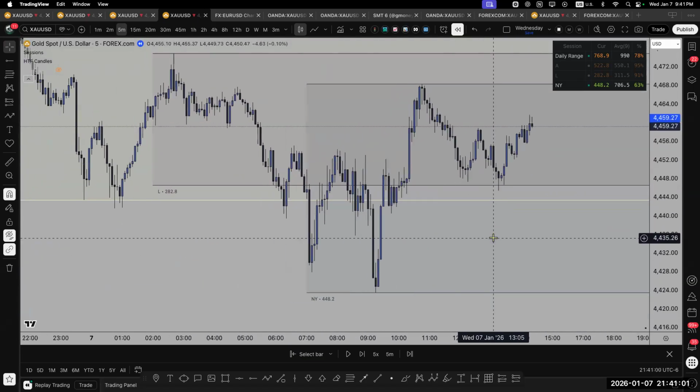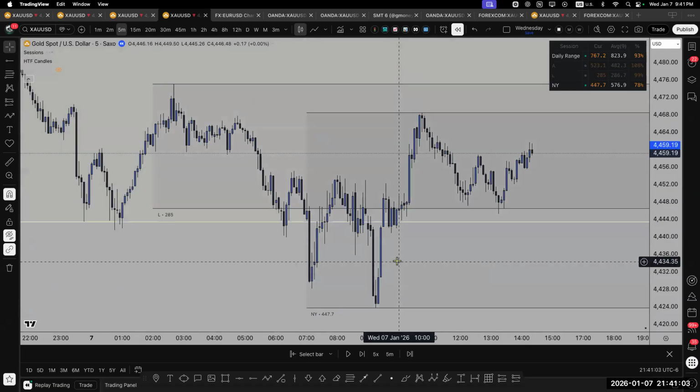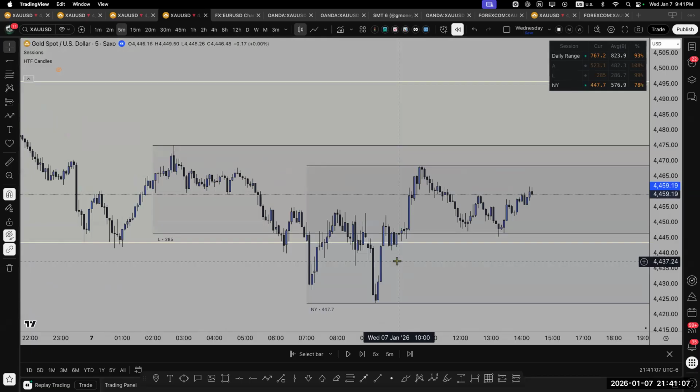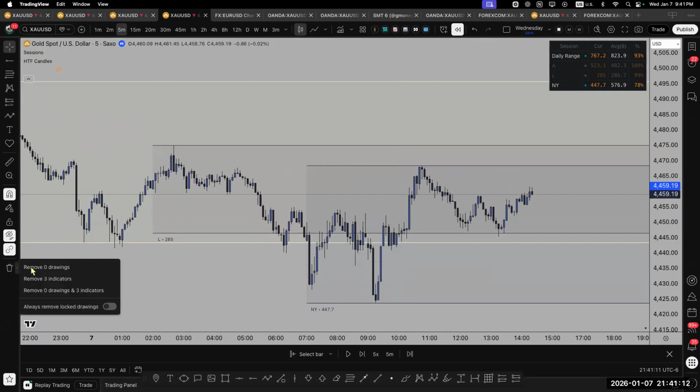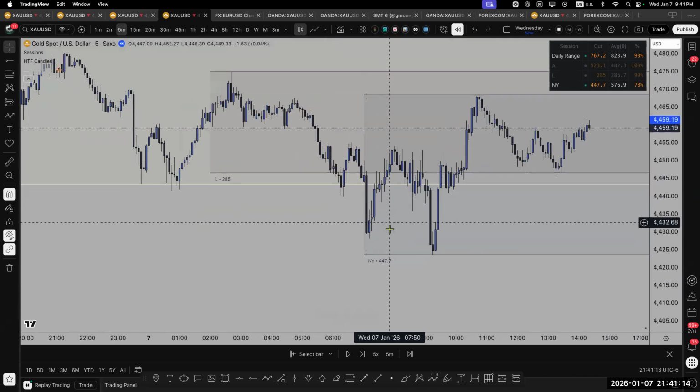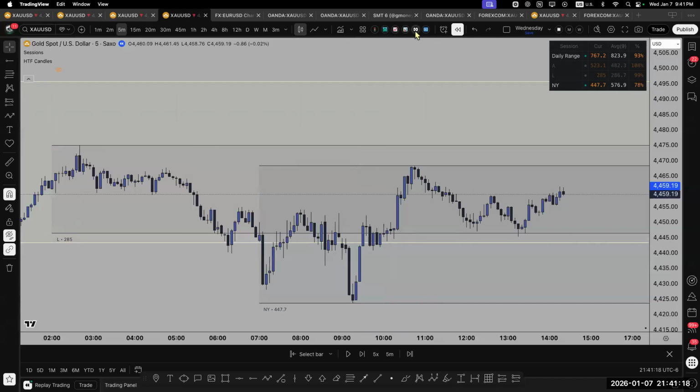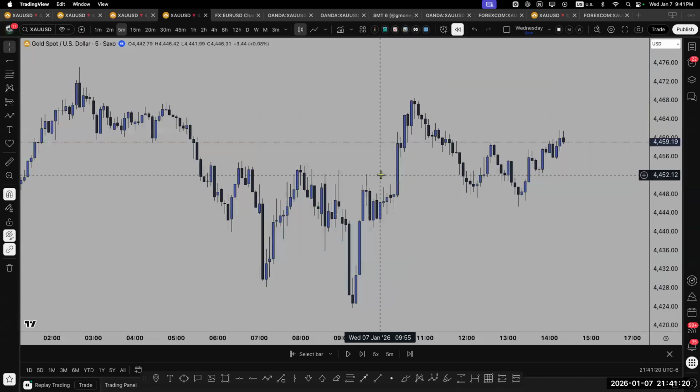Let me go to a different chart right quick. I guess this one's fine. Okay. We were able to catch the move, guys, today.